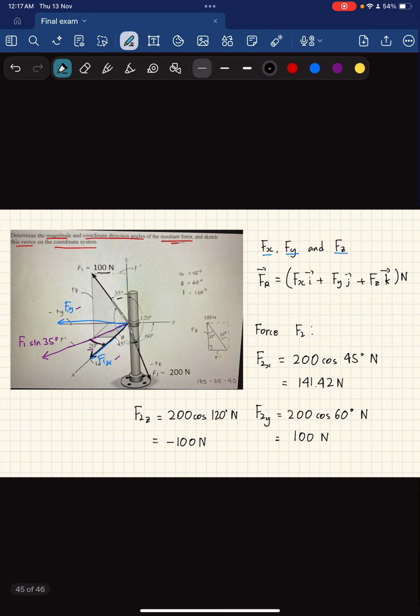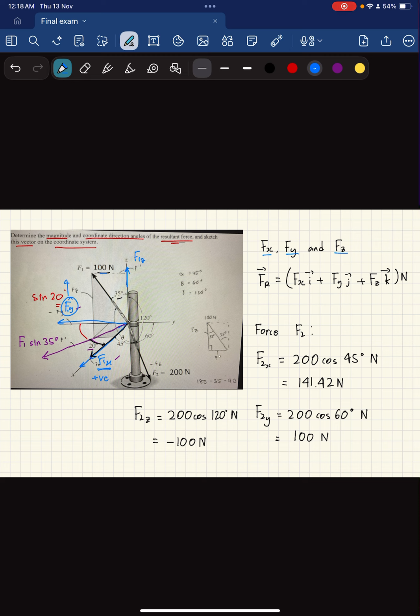And for F1y, it's going to be 100 again, sine 35. But since now we're interested in this side, Fy would be sine 20. Do be aware that F1x is actually positive, because we're pointing it to the positive x-axis, and F1z was positive as well because we're pointing into the positive z-axis.